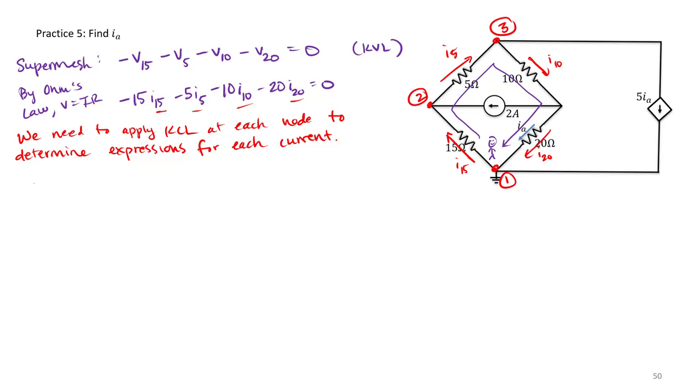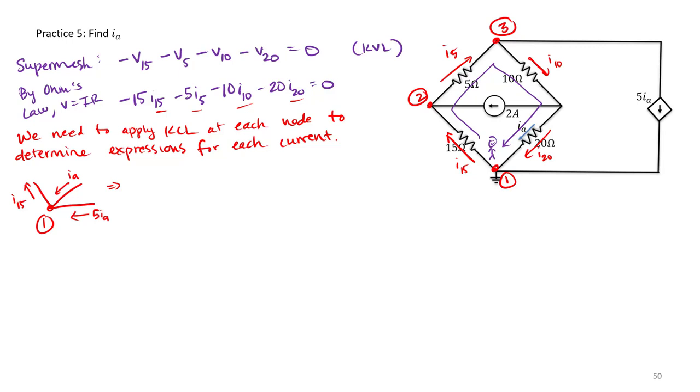Let's look at node 1 first. In node 1, I have 5IA entering, I have IA also entering, and I know I15, the current through my 15 ohm resistor, must be leaving.